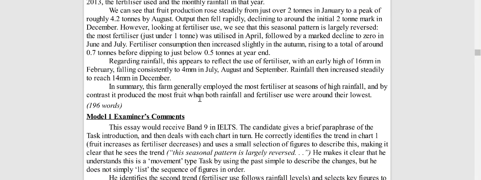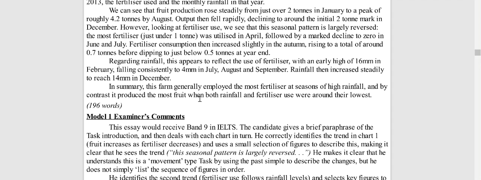Regarding rainfall, this appears to reflect the use of fertilizer, with an early high of 16 millimeters in February, falling consistently to 4 millimeters in July, August, and September. Rainfall then increased steadily to reach 14 millimeters in December.